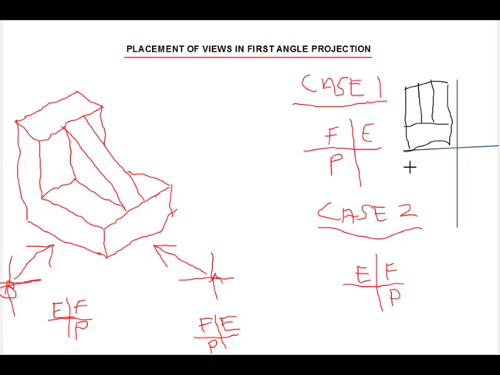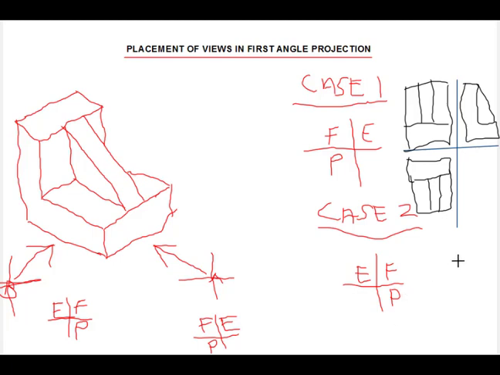So we have our front view here, and then the end elevation will be drawn over here, and then the plan. So we'll have our plan in this way for case 1.